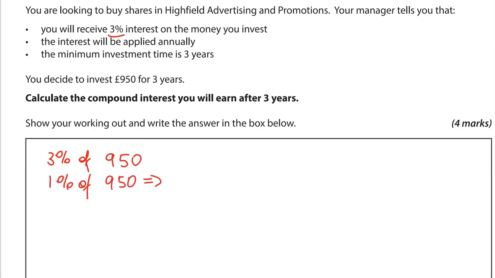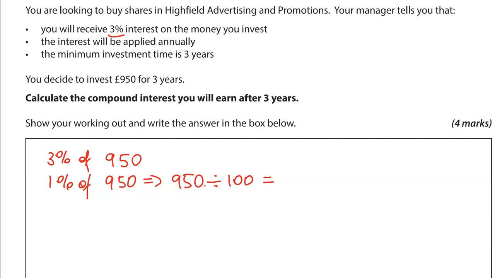And that's like dividing 950 by 100, because 1% is 1 out of 100. When you divide a whole number by 100, you've got to imagine where the decimal point is. In this case it's a whole number, so it's going to be at the end.